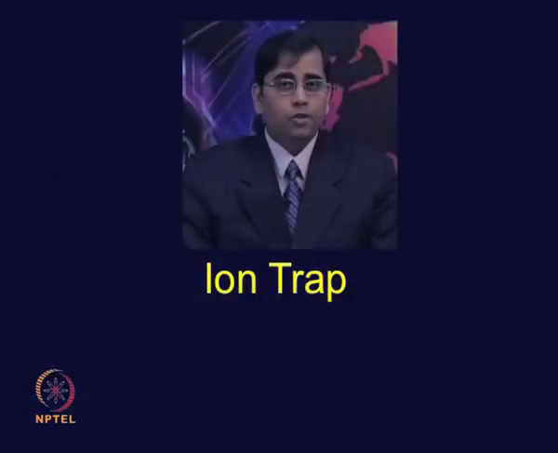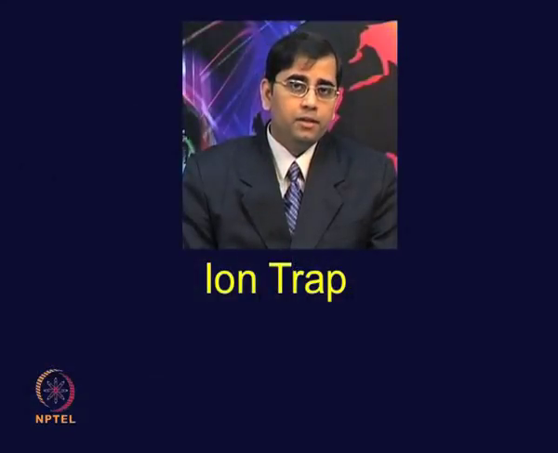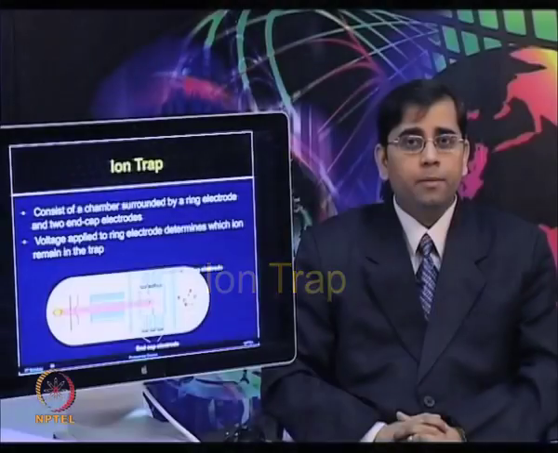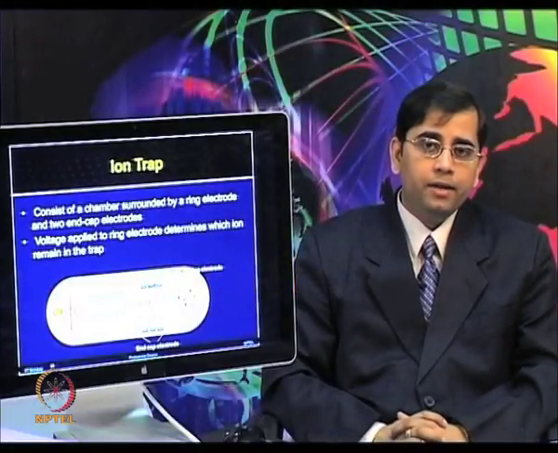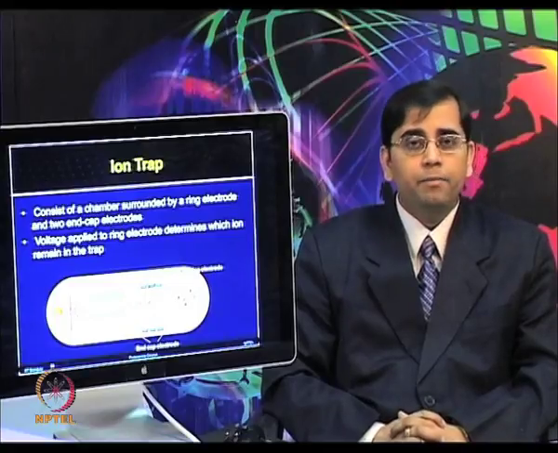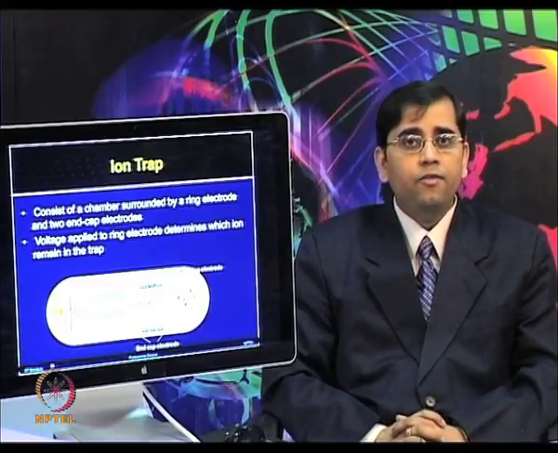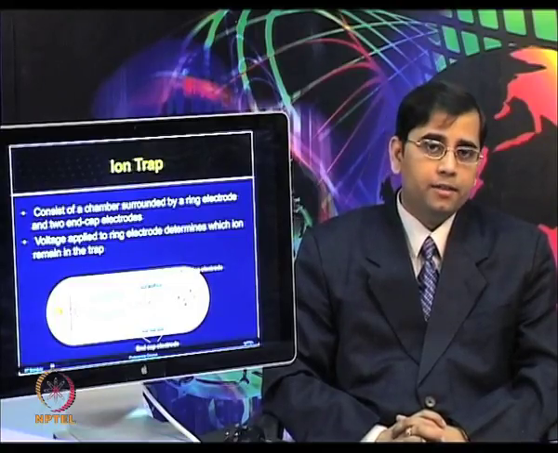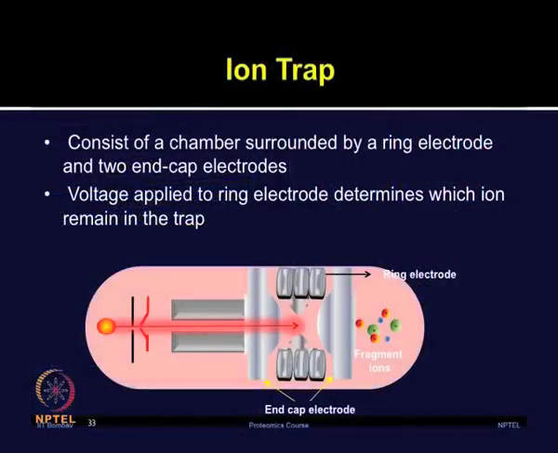Now, let us talk about another important mass analyzer, the ion trap. The ion trap traps ions using electrical fields and measures them by selectively ejecting them to a detector. It consists of a chamber which is surrounded by a ring electrode and two end cap electrodes, as you can see in this figure here.